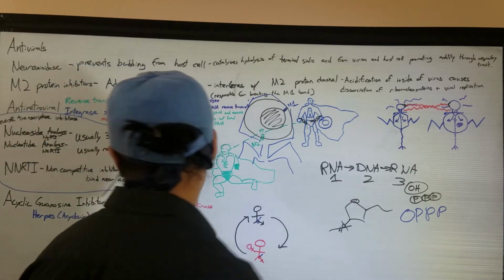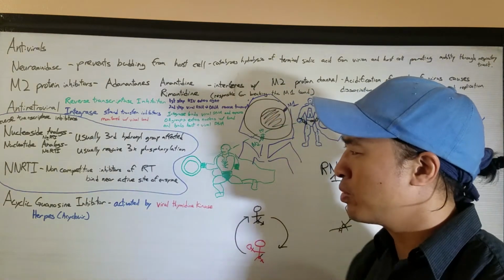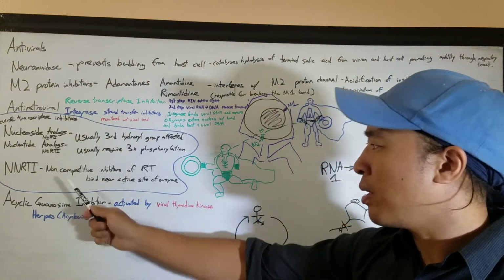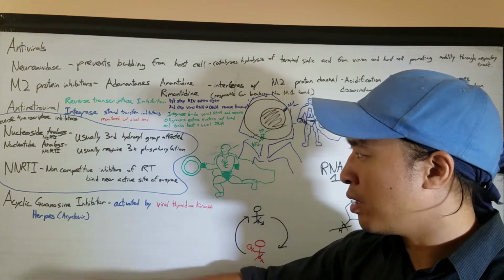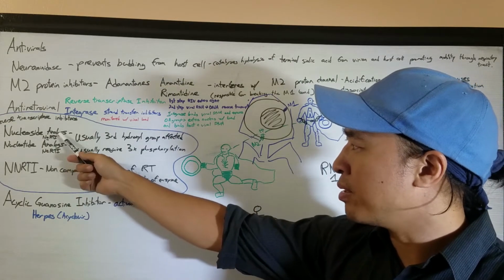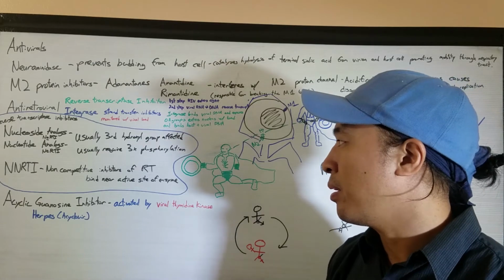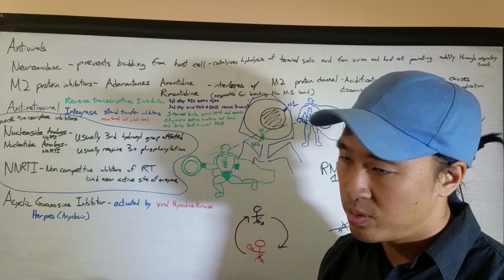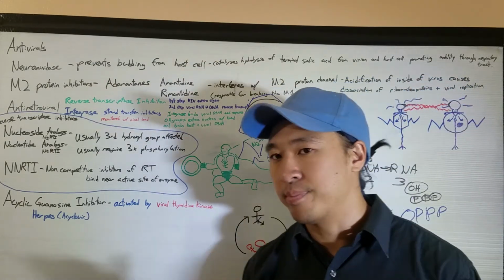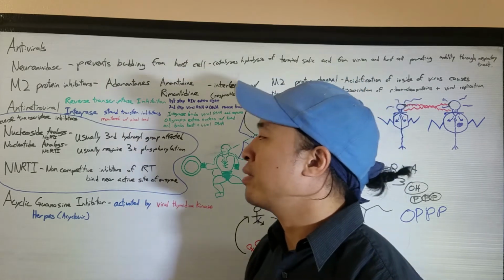Anyways, let's get back to the business over here. So, okay. When we talk about NNRTI, well, actually, let's go back to these ones, the nucleoside analogs and the nucleotide analogs, okay? Now, this is med school, so some things here are going to be a little bit annoying to memorize, and this is one of them, okay?